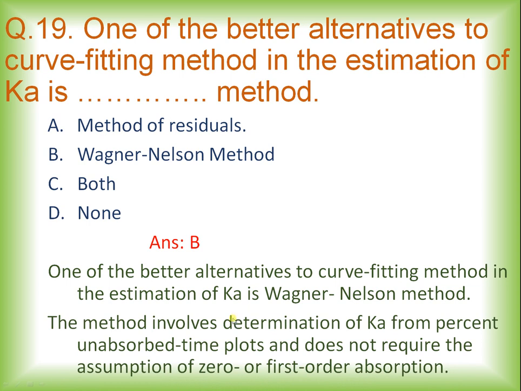Now this method involves the determination of Ka from percentage unabsorbed time plots and does not require the assumption of zero order or first order. So this is the method which is used for estimation of Ka, where it does not require assumption of zero or first order absorption.